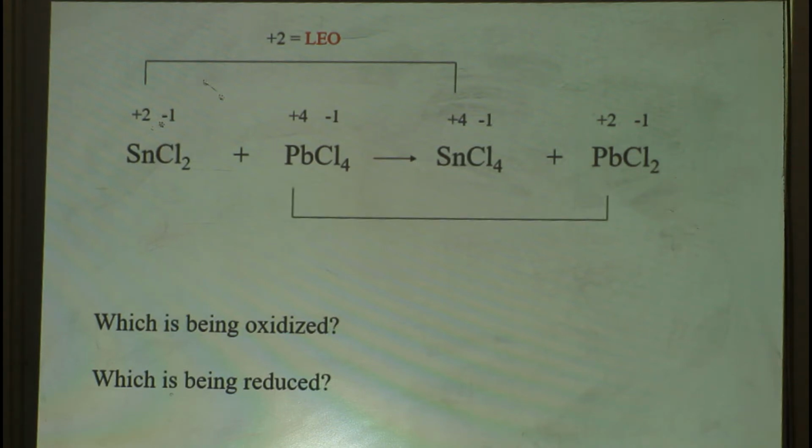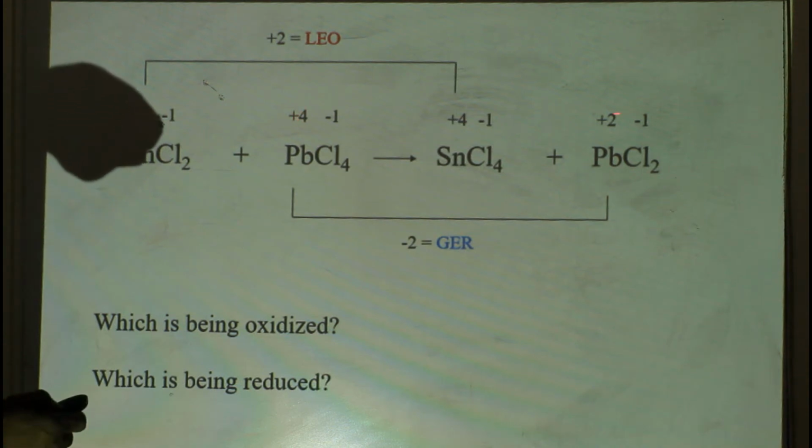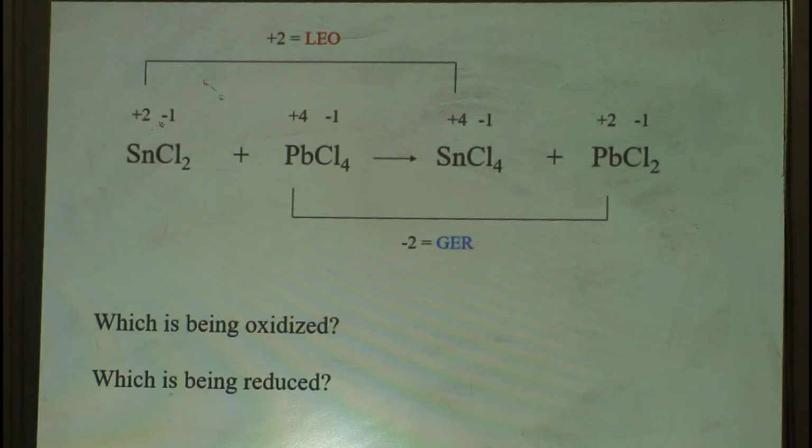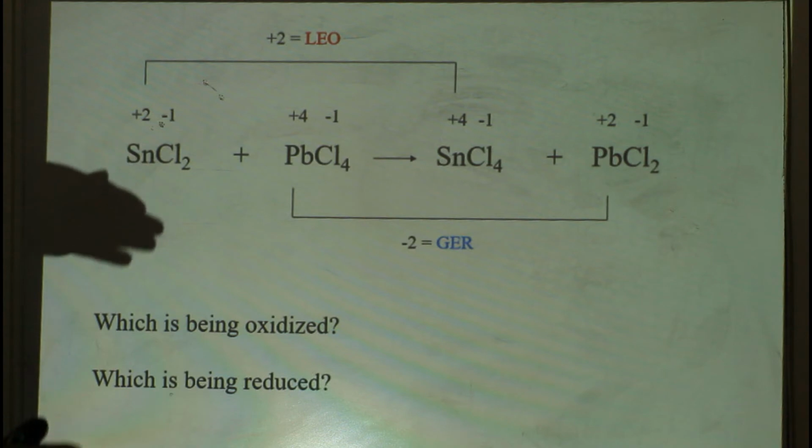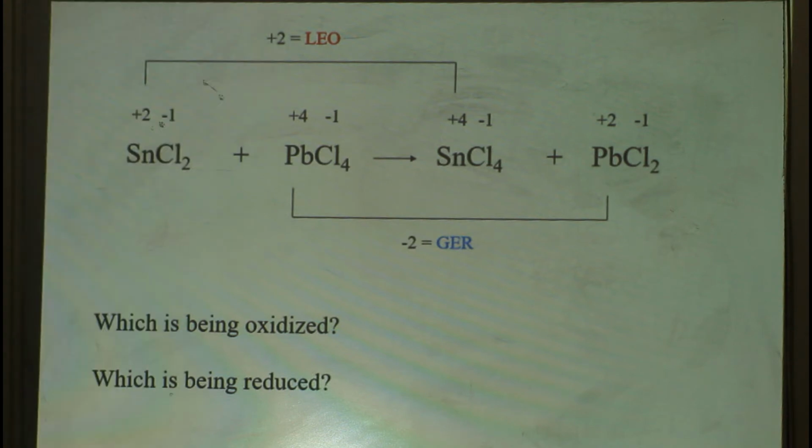Lead, on the other hand, has been reduced because it was originally +4 and became +2. So we say this is a reduction reaction. Now, when this occurs, we say the whole reaction is a redox reaction.